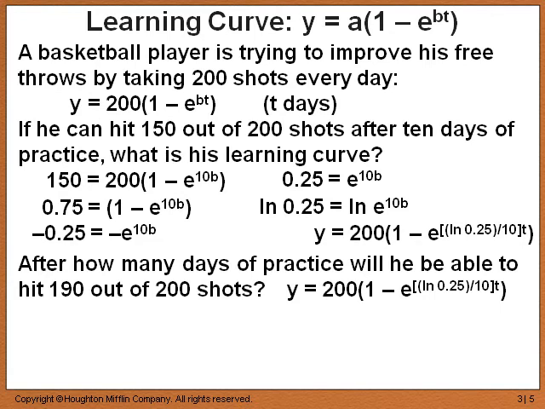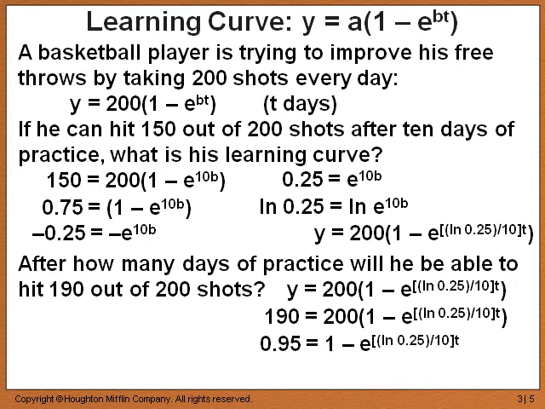We set that up: y equals 200 times 1 minus e to the ln 0.25 divided by 10, times t. And then we simply plug in 190 for y, because the goal is to be able to hit 190 out of 200 shots.